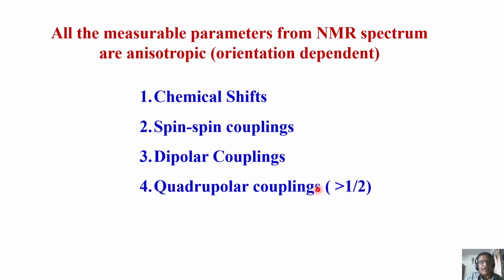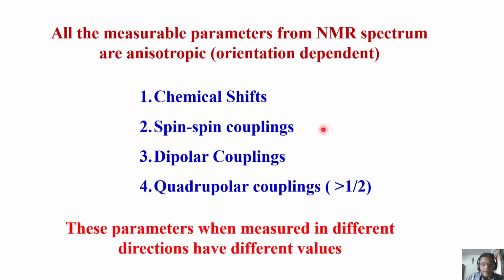I told you this, I discussed last time also, when I introduced chemical shift, dipolar coupling and J coupling. Every parameter is anisotropic, orientation dependent. And I said some of these things motionally get averaged out, some are not. But these are the 4 important parameters which we get. And these parameters, when measured in different directions, have different values.